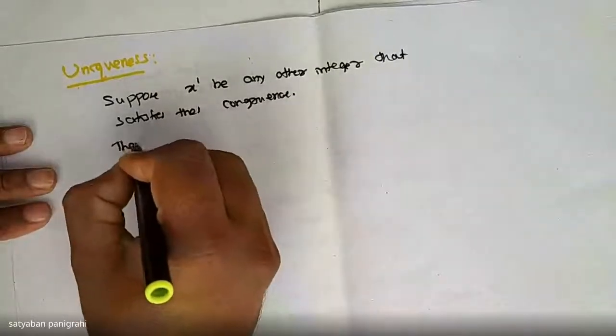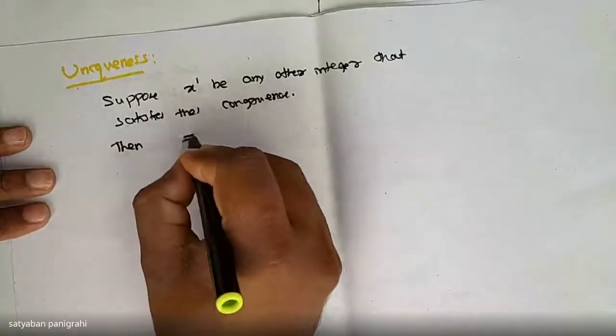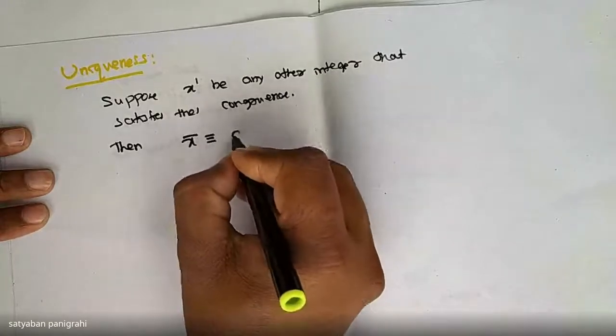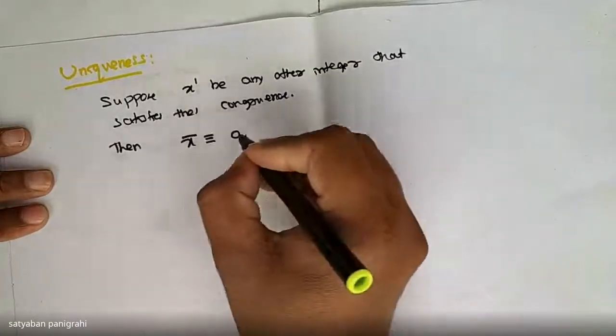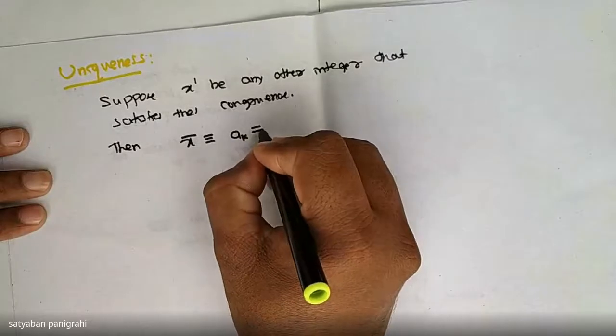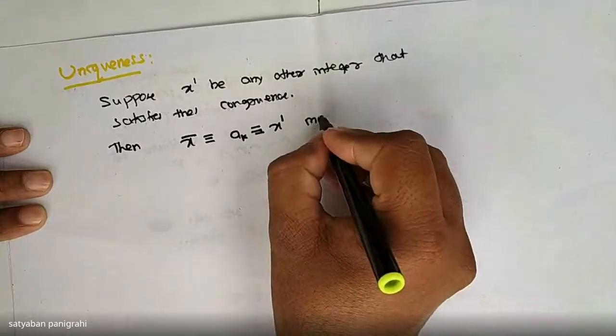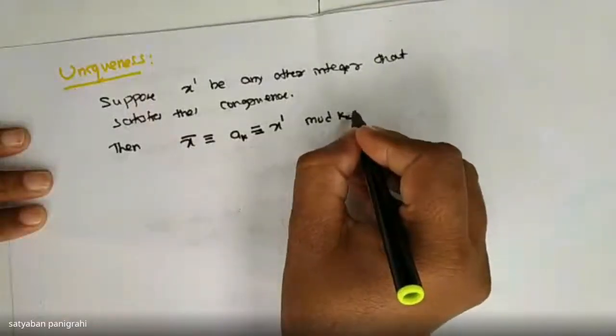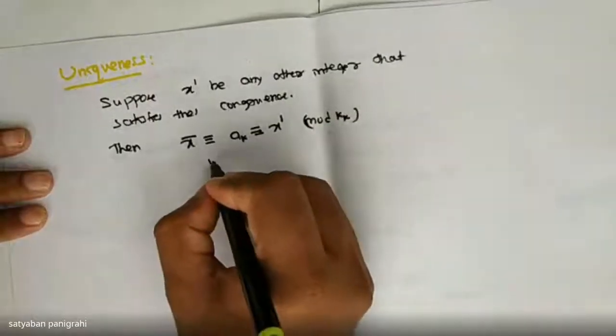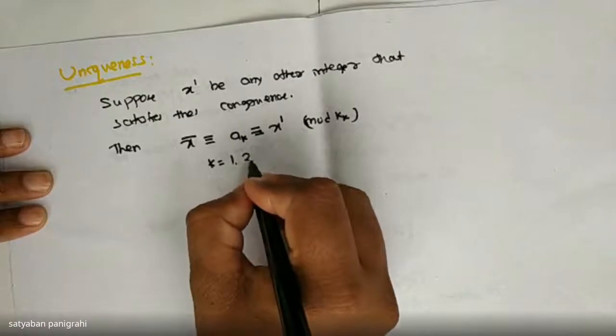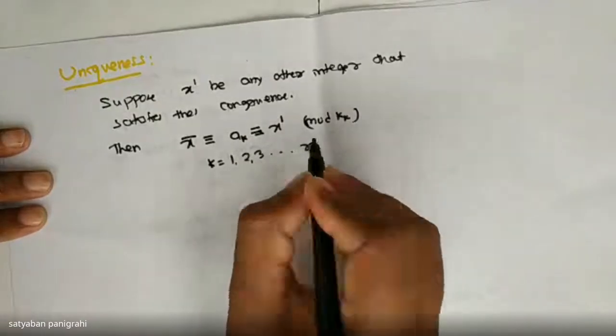Then we have x bar congruent to ak, and our other solution x dash, mod Nk for k equals 1, 2, 3 up to r.